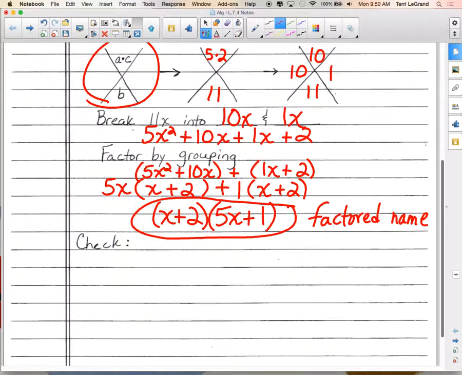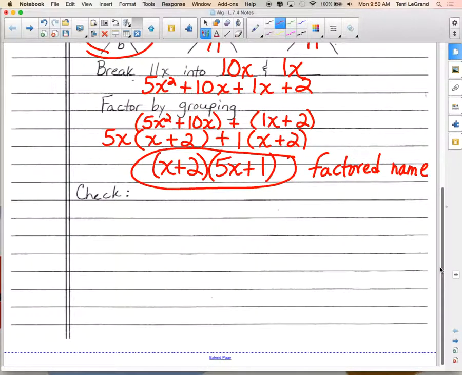Multiply back to the original, what we were factoring. You can FOIL it, you can rectangle it, you can use the distributive property, whichever one you like, to show that it goes back to what it started as.